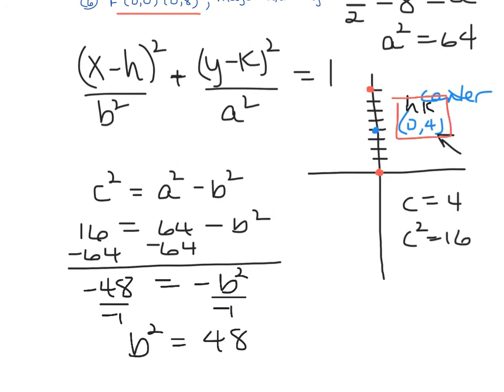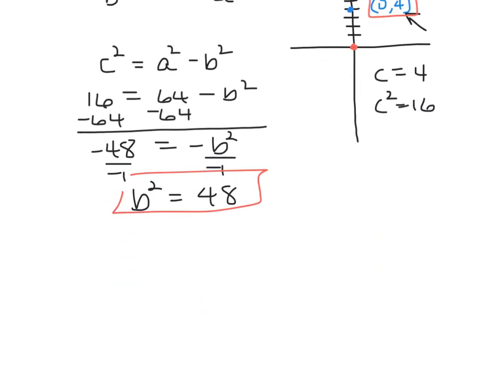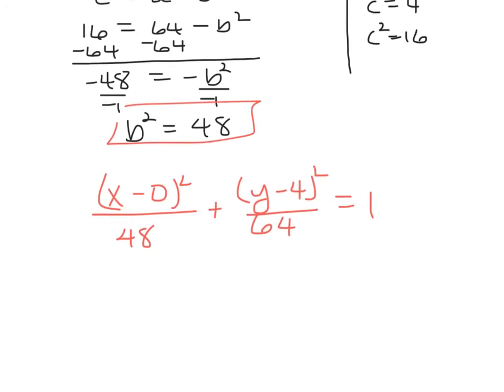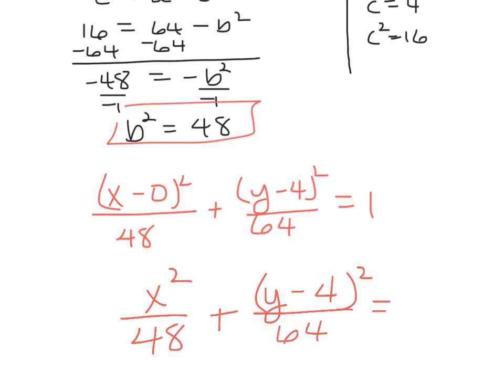So we're using this, this, and this. So my final answer here is x minus 0 squared over 48, y minus 4 squared over 64. And again, simplify that x minus 0. Just make it an x squared. And this all stays the same.